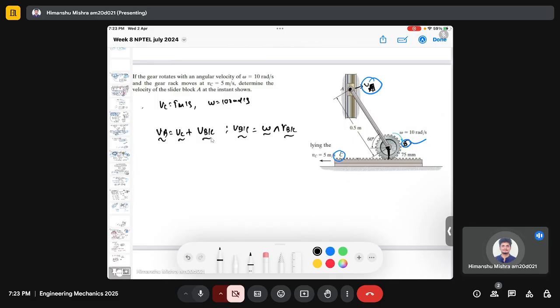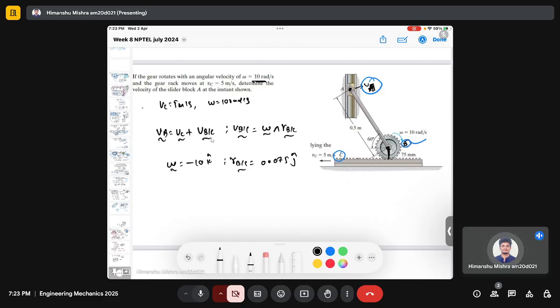So identifying all the vectors, omega we know, which is 10 rad per second, and we know the position vector also, which is 0.075 in the y direction.